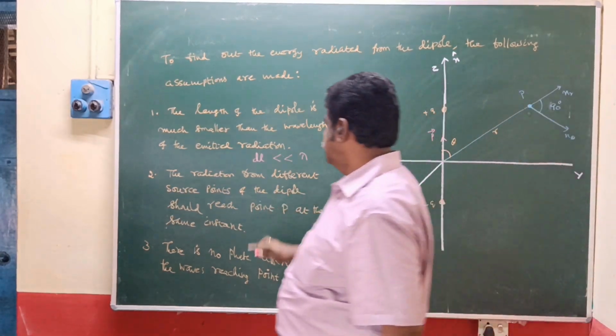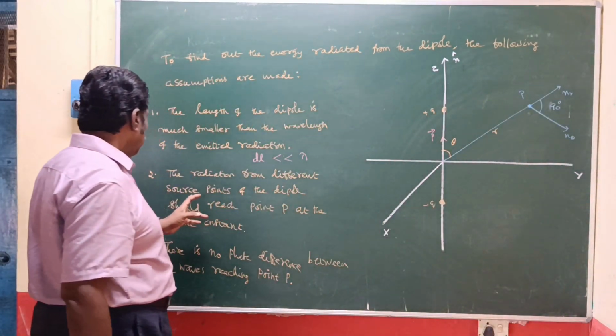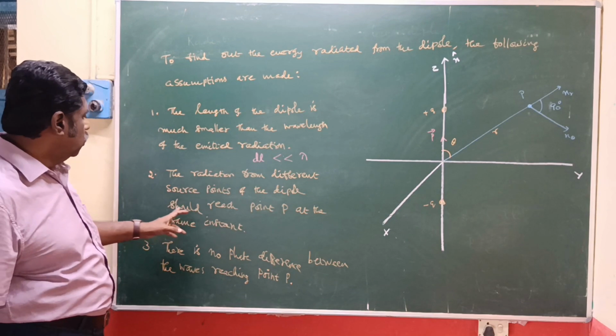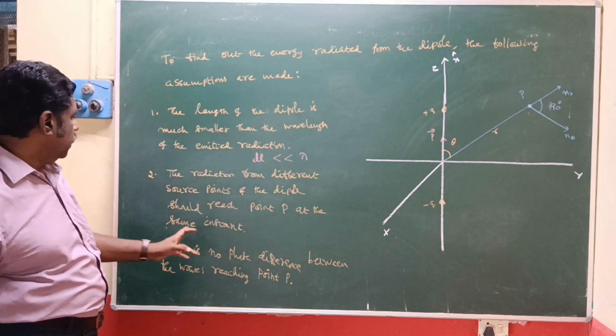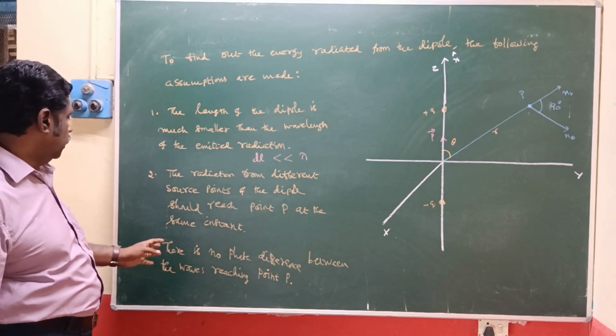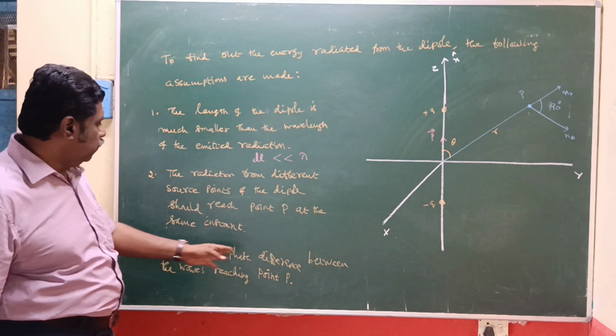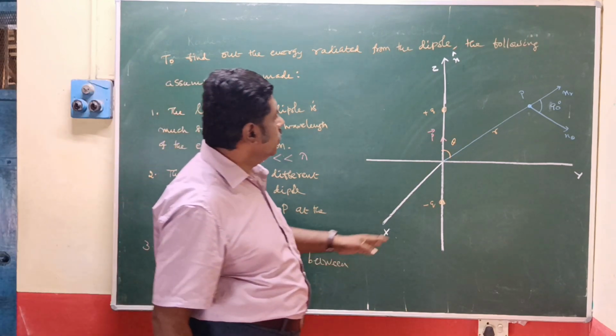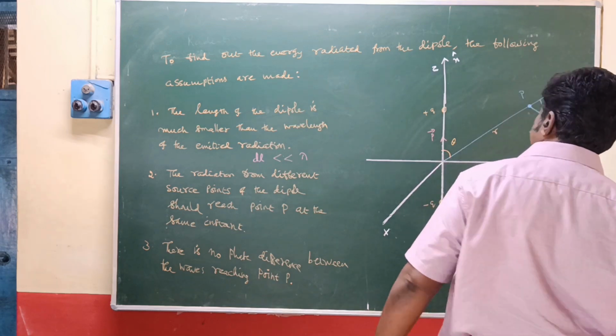Now read out the second statement. The radiation from different source points of the dipole should reach point P at the same instant, and therefore there is no phase difference between the waves reaching point P. That is another condition.